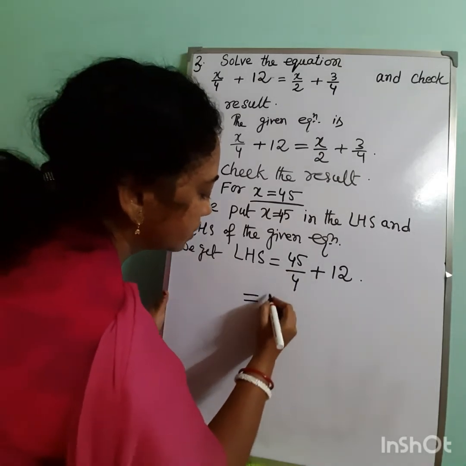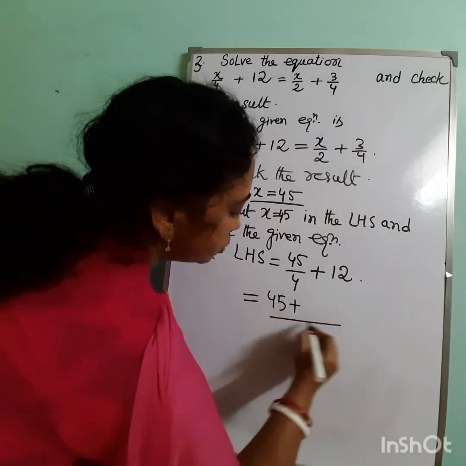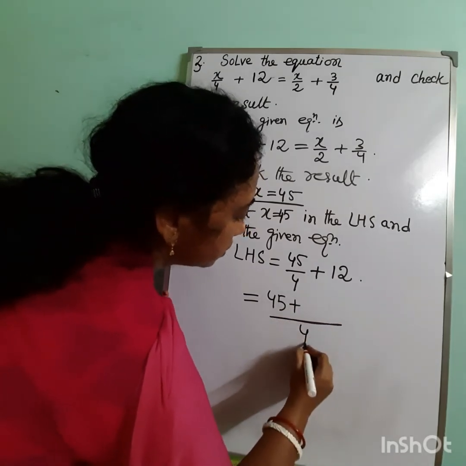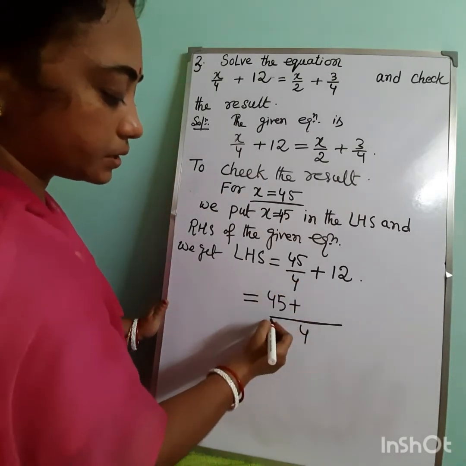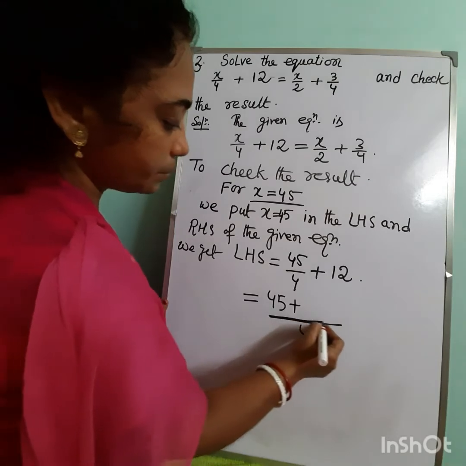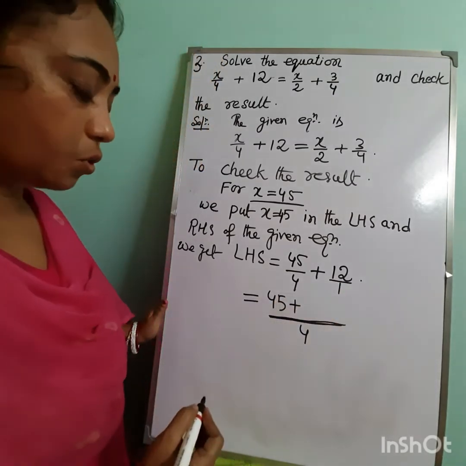Here the denominator is 4, because where nothing is written it means 1. So the LCM of 4 and 1 is 4.